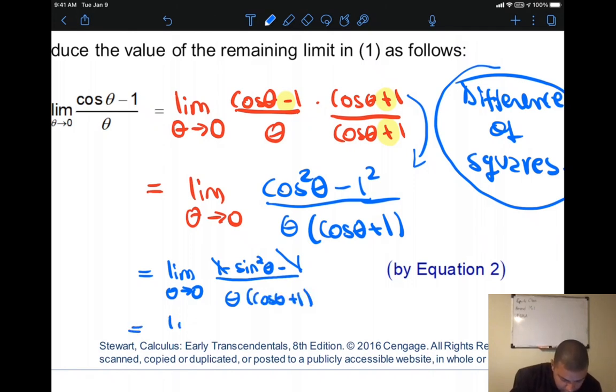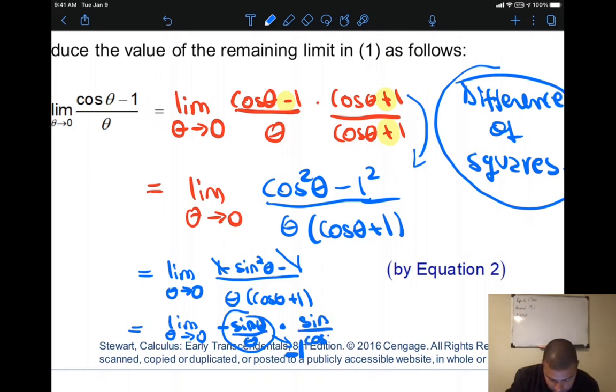And the advantage now is that I have two sines at the top. One is negative, so that's minus sine theta over theta, and that's the one that goes to 1. That's the fundamental trig limit. Minus 1, because of the minus sign, times sine theta over cosine theta plus 1.